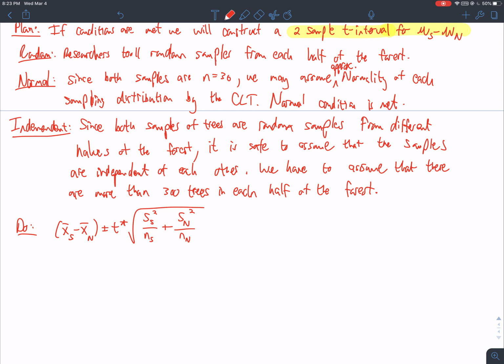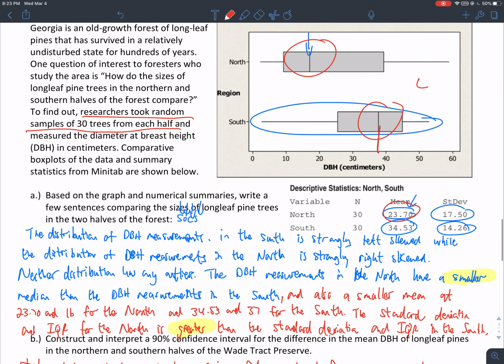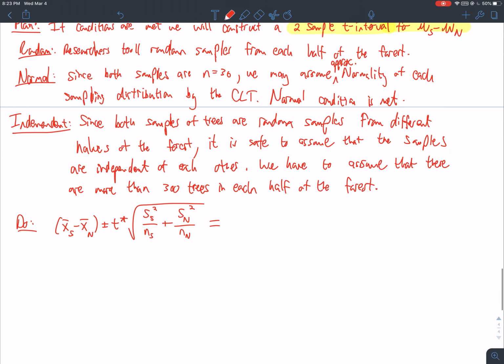That's horrible. In any case, so we get this, and let's plug in the numbers. You can refer back again here. Everything was given to you nicely, so you don't have to worry too much. So you get what?